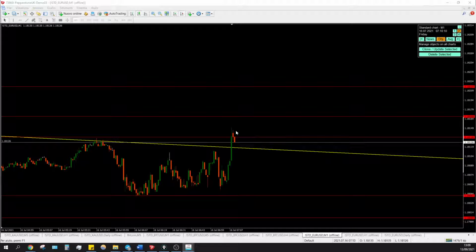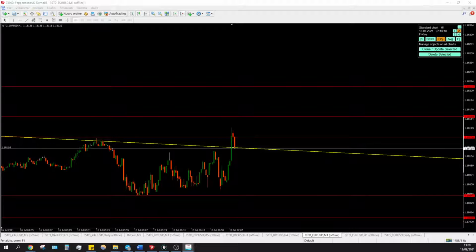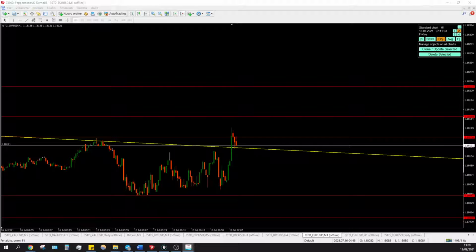Okay, double wick. Let's see if now it retraces. No, closes below. Made that top wick. So we might even retest this price point and then continuation up.